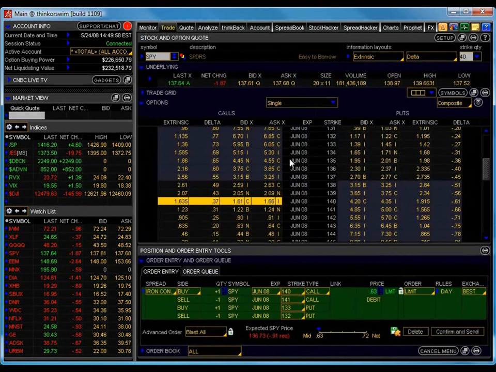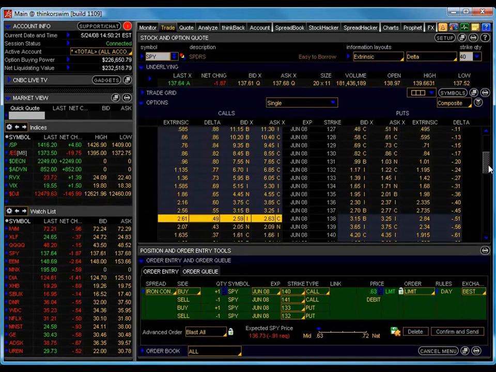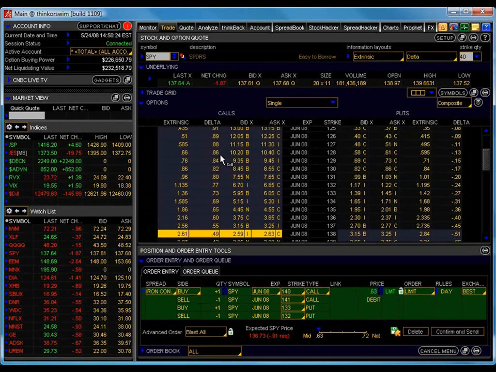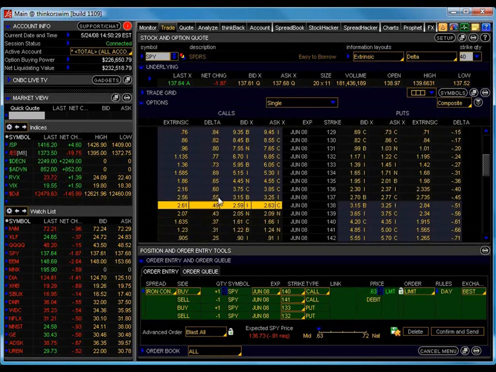Let me show you what I mean by positive and negative delta here. On the calls you have delta. Delta is the rate at which the option will move for every $1 move in the underlying stock. Delta is higher when the option is in the money. For example, you can see as you go up here, the further the options are in the money, the higher their delta.